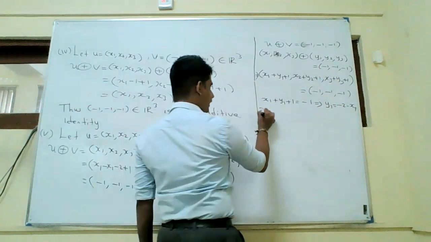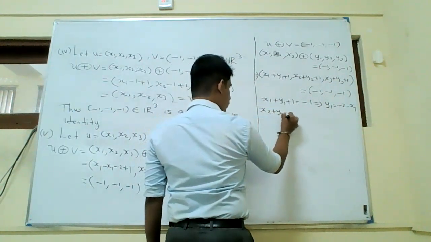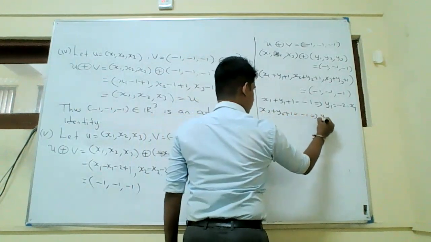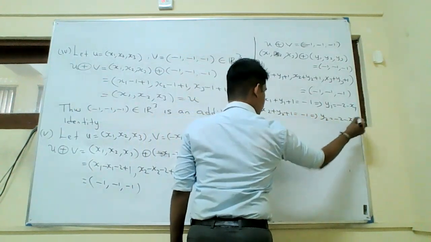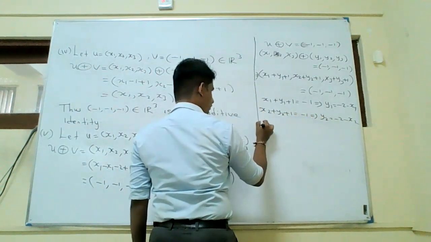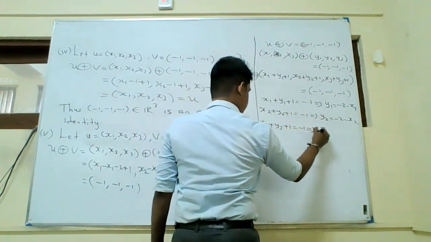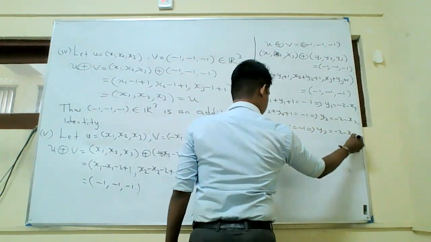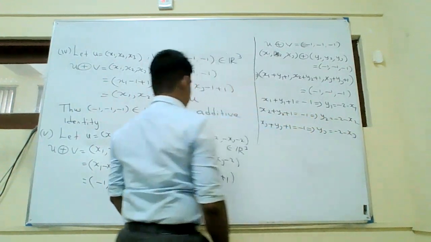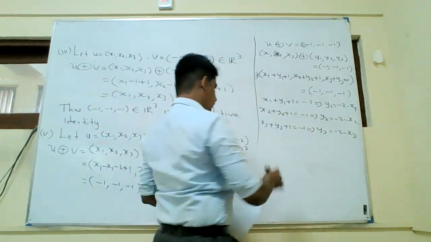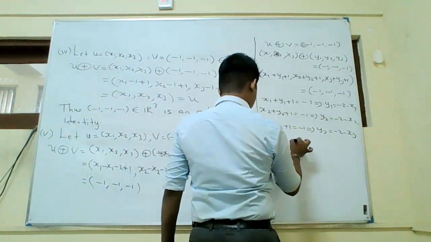Similarly, y2 is -2 - x2, and similarly y3 is -2 - x3. That means B is your inverse, (y1, y2, y3).